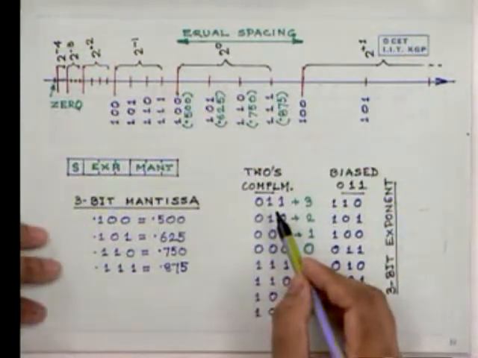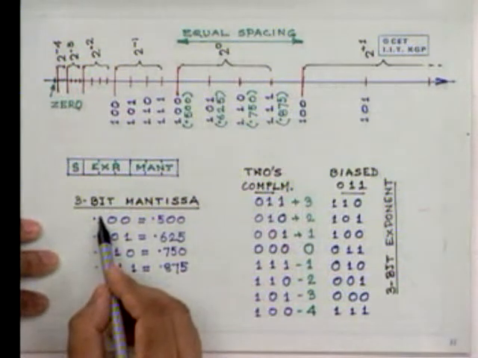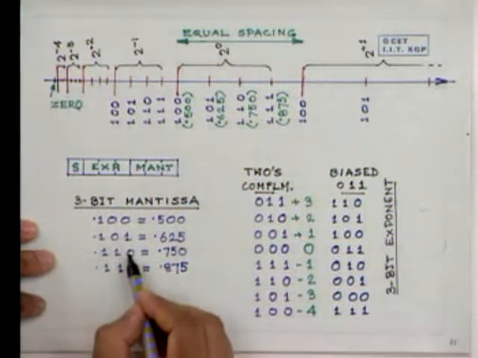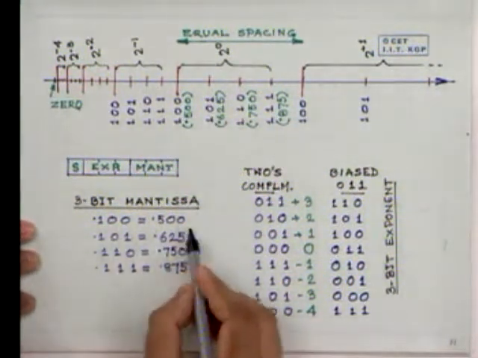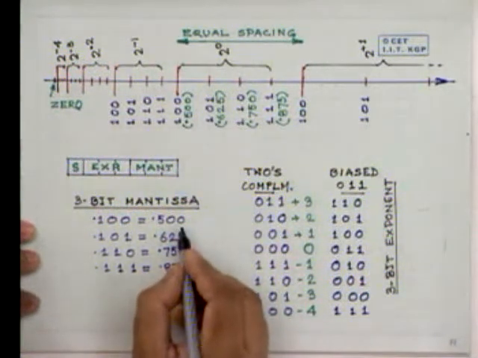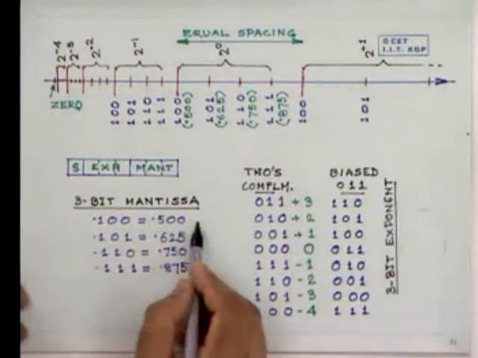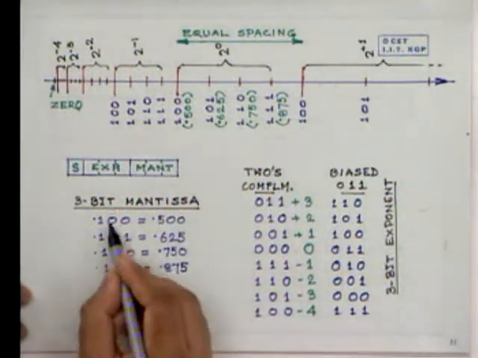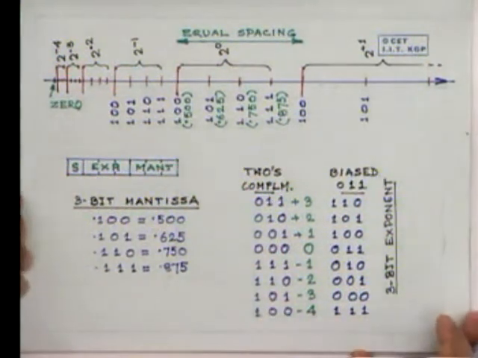You see that for a 3-bit mantissa, if the most significant bit has to be 1, then there are only 4 patterns that we can represent for the mantissa. The corresponding decimal values have been kept here: 0.5, 0.625, 0.750, 0.875. These are the only 4 representations we can have, right?